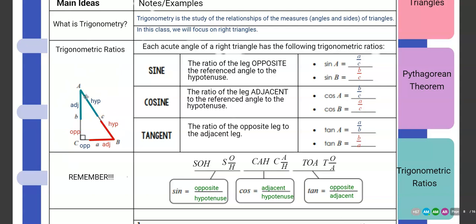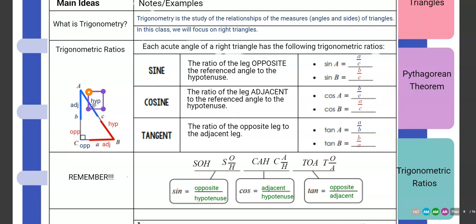So in this triangle here, I have taken two angles. I have one, angle A, highlighted in blue, and angle B traced and highlighted in red. The very first thing you should do when you are facing a trigonometry problem is highlight the referenced angle. Which angle are you looking at? And that is very, very important for determining which side is the opposite and which side is adjacent.